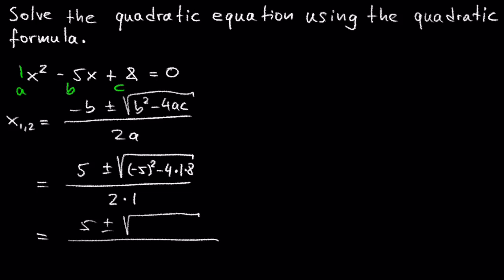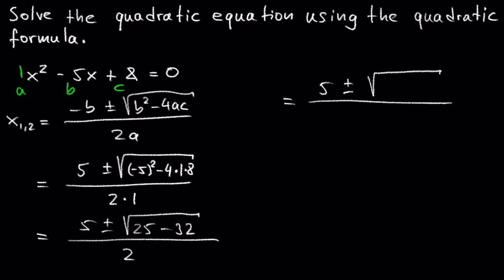Negative 5 squared is 25. Negative 4 times 8 is negative 32. 2 times 1 is 2. 25 minus 32 is negative 7. And the square root of negative 7 is i times the square root of 7.